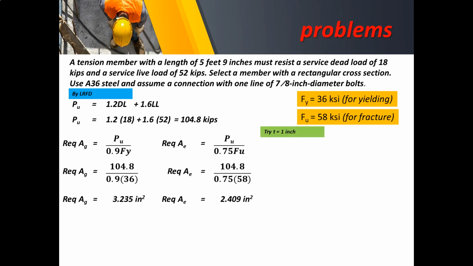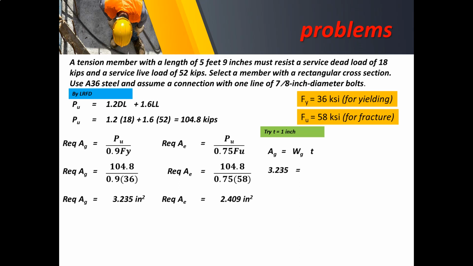So in this case, we have a trial thickness of 1 inch. Why do we have to assume a 1 inch thickness? Because as an initial trial, we peg the area equal to AG, because the gross area is simply the width times the thickness.